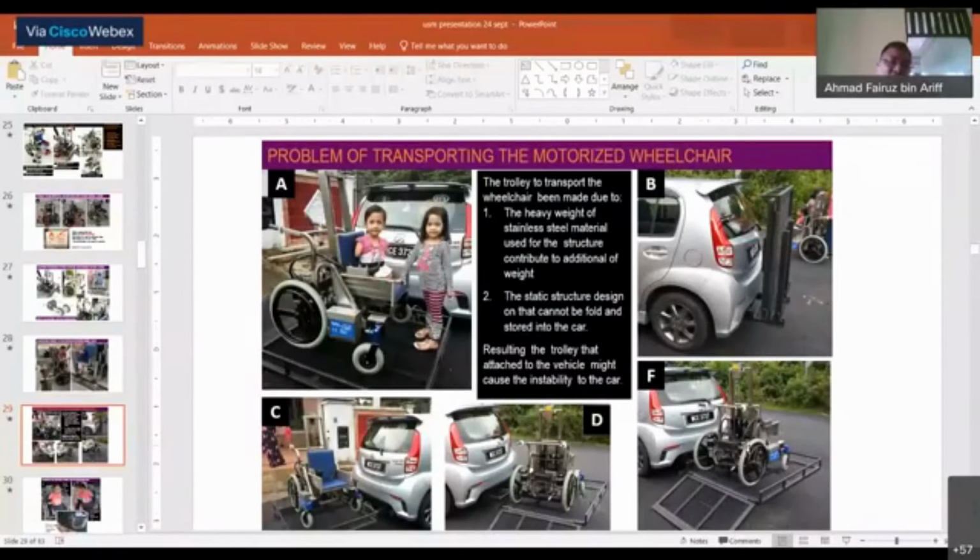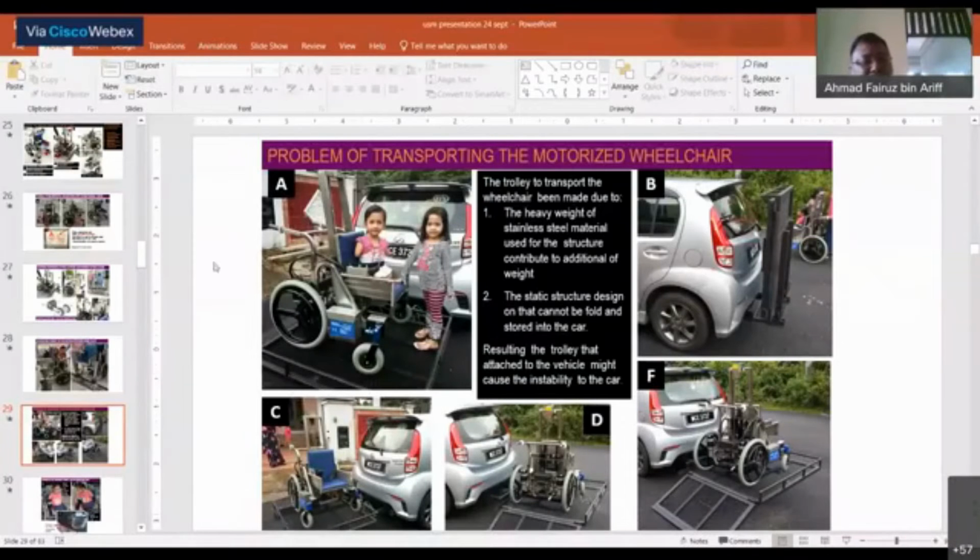And then the problem of transportation. Okay, so the trolley to transport the wheelchair has been made due to, first, the heavy weight of the stainless steel material itself, and then the static structure, which cannot be folded.